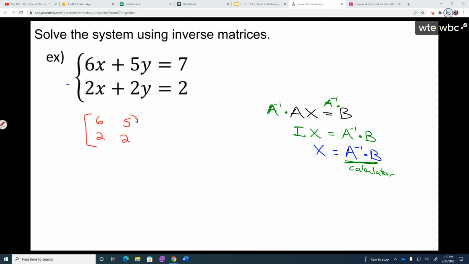You need to make sure you write out the variables here, x and y. And then we have 1 for our answers. So then on your calculator, you're going to go to your matrix, edit those two. Here's your new matrix A, here's your new matrix B.